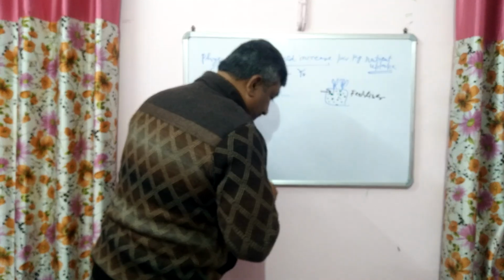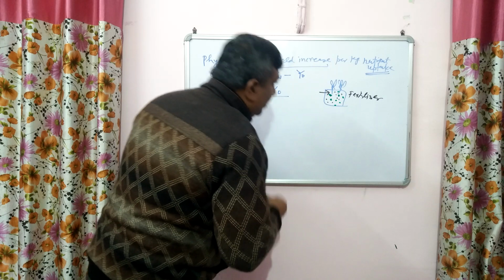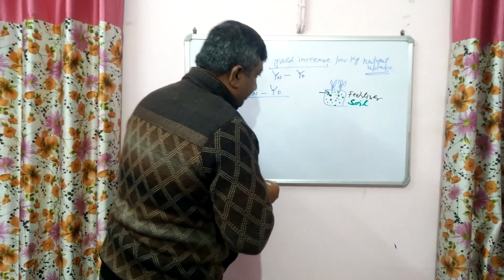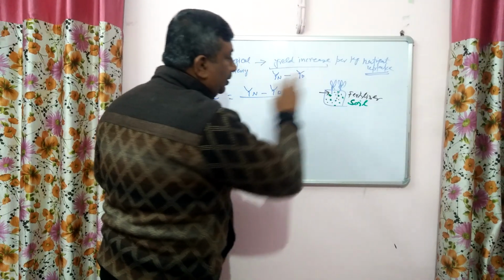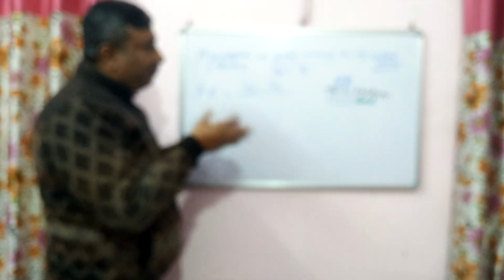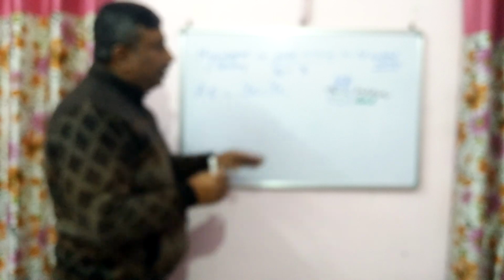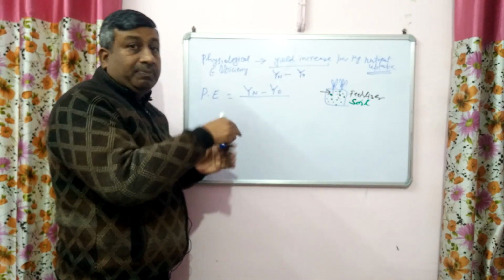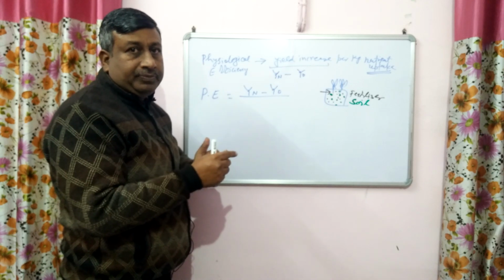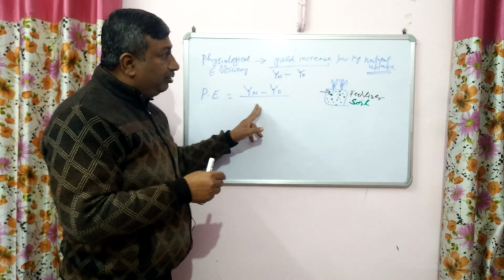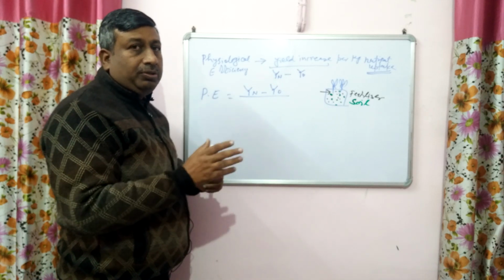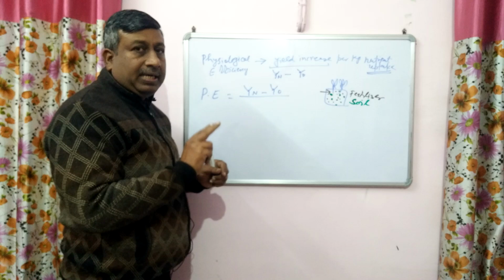Okay, black color I am indicating as fertilizer and green color as soil. So the plant absorbs nutrient from fertilizer as well as from soil. So how can we calculate how much nutrient is absorbed from the fertilizer, not by the soil? So here the nutrient uptake is only by fertilizer, not the total nutrient, because in total nutrients there are two sources, fertilizer as well as soil.